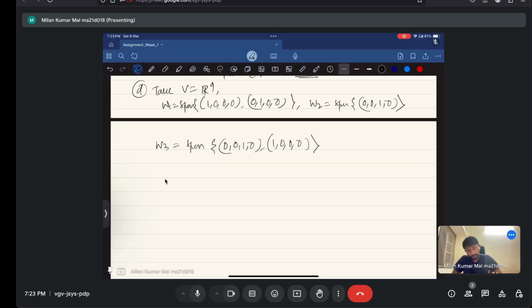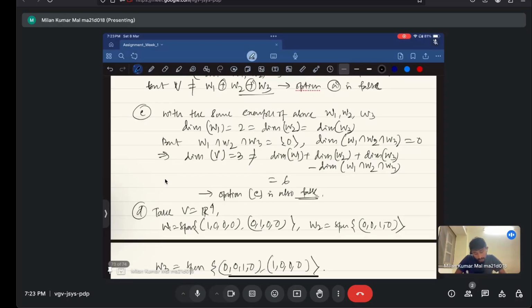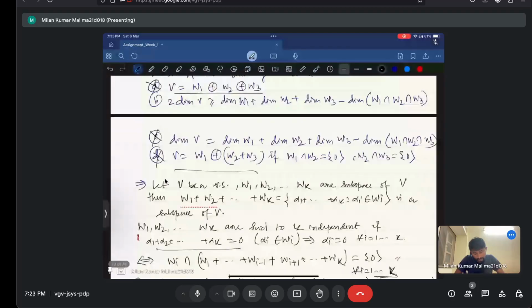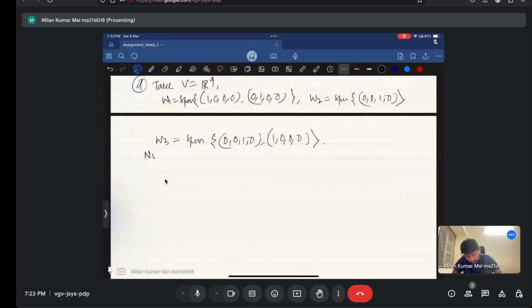Okay, so note that W1 intersection W2 is 0. There is no common vector.